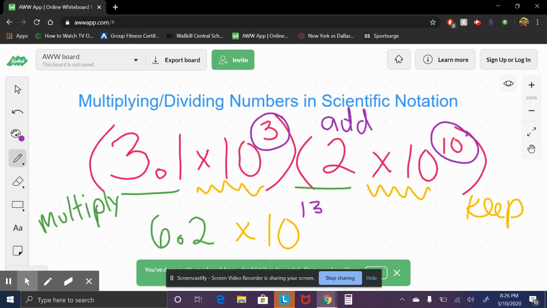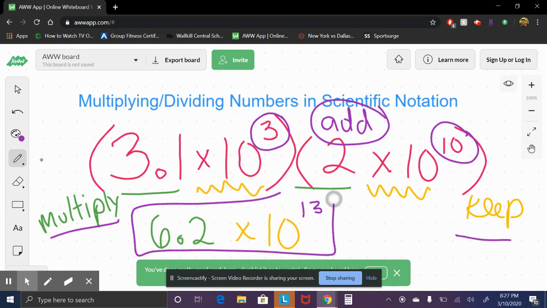So the same rules apply when we multiply numbers in scientific notation. We multiply the numbers out in front, keep the base of 10, and then add the exponents. And we also need to make sure our final answer is in scientific notation, which this is. There's only one digit before the decimal.